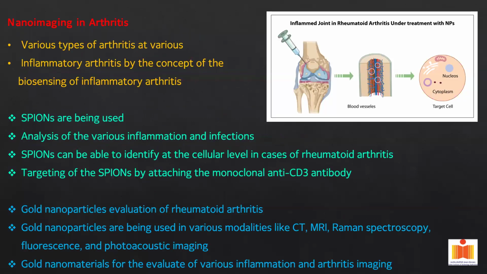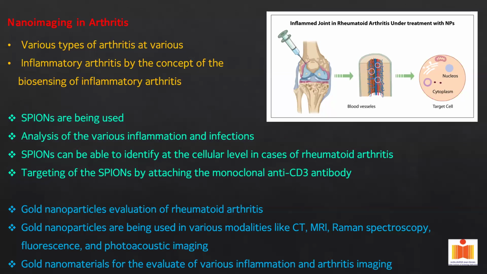So arthritis, this is one of the important applications because nanoimaging is being used, and probably a lot of things will be coming in future. So arthritis, it can be inflammatory or rheumatoid. If you see, this is an image which shows rheumatoid arthritis under treatment with nanoparticles.